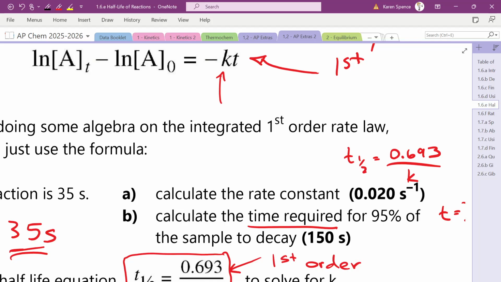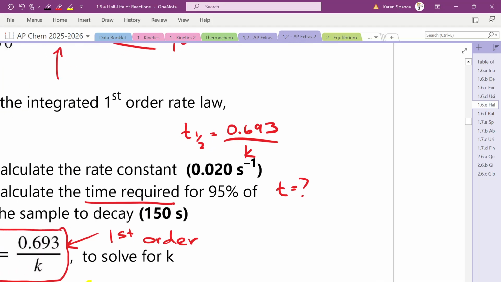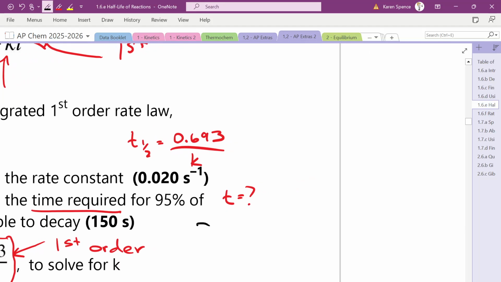Do we have concentration of A at time t, and do we have concentration of A at time 0? Yes. What is the concentration of A at time 0? 100%. Okay? So the concentration of A at time 0 is 100%.